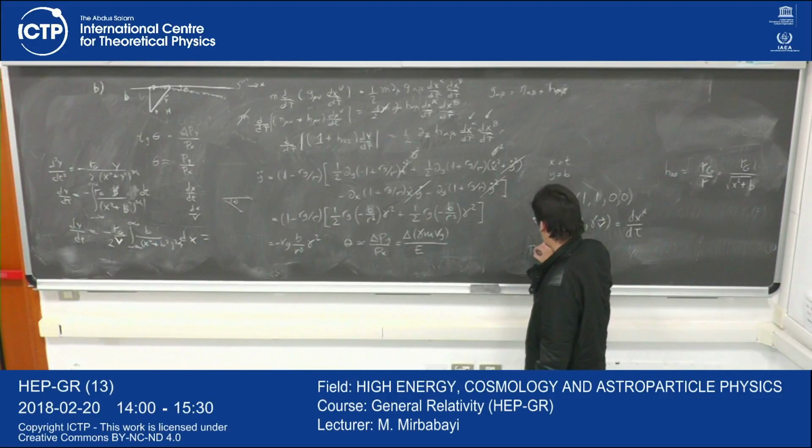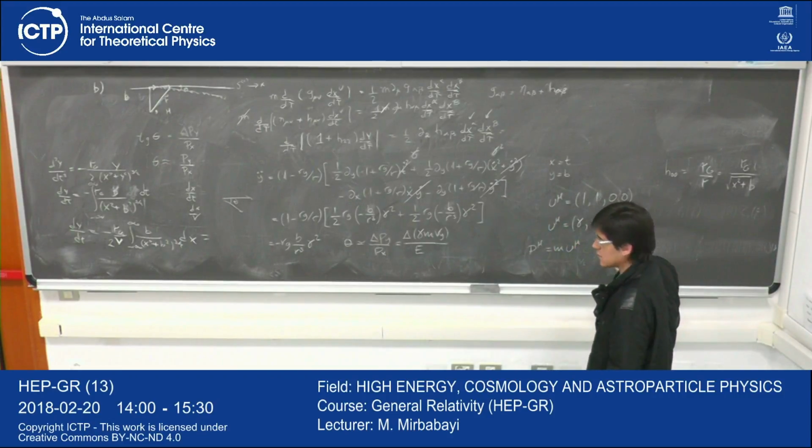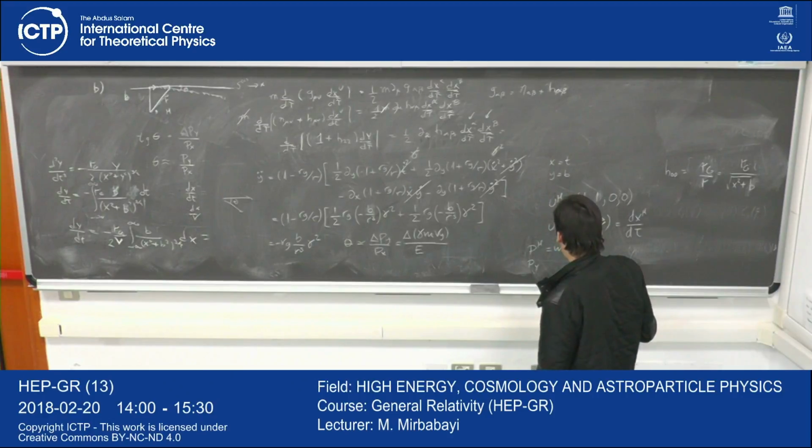Py. Yeah. And we know that u mu is dx mu by d-tau. Yes. So what would be py? It will be m times dy by d-tau. Yes. Okay, so if we know dy by d-tau at the end we are done, because we know that at the beginning dy by d-tau is 0.